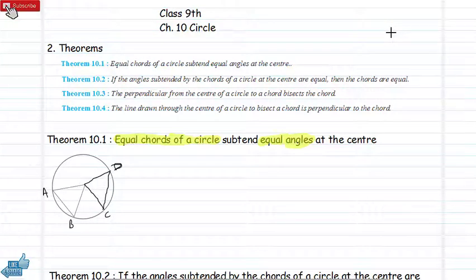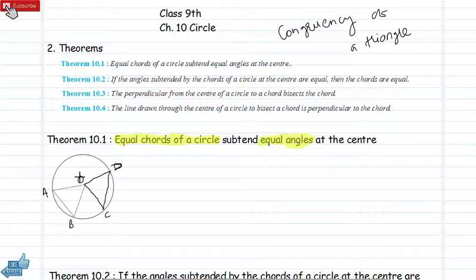Whenever we have to show that two angles are equal or two sides are equal, we have to use congruency of triangles. For congruency of triangles we require triangles, so that's why I drew the triangle here.